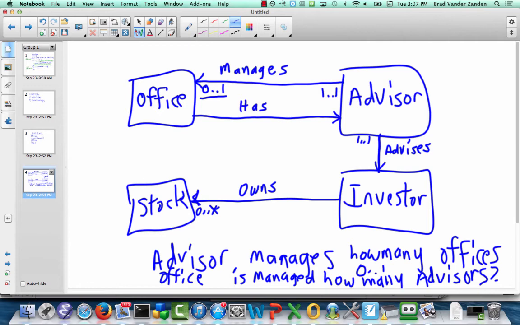J is going to say there's some purchase records, so presumably the average price per share is going to come off of those purchase records as a derived attribute.